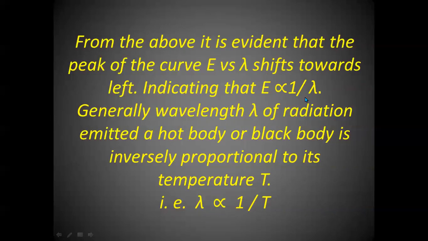Here E is energy, lambda is wavelength. So there is inverse proportionality between energy and wavelength. Generally, the wavelength of radiation emitted by a hot body or black body is inversely proportional to its temperature.